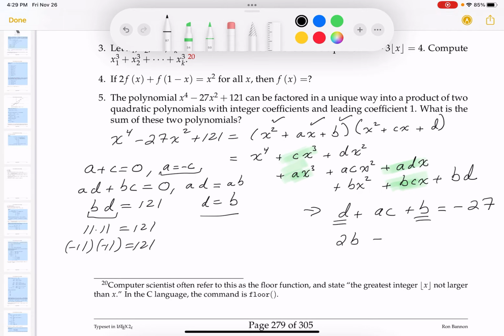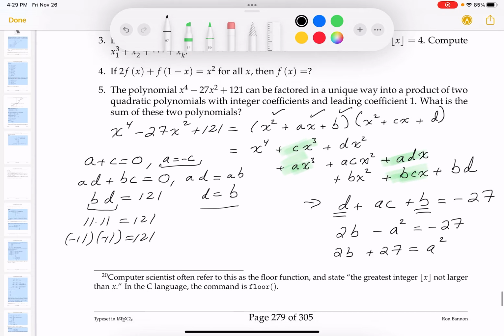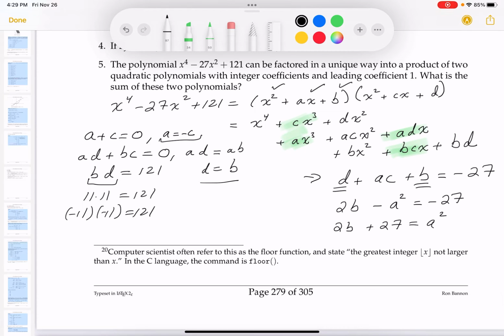So that would be minus A squared, right? Equals minus 27. All right, let me write this down now. 2B plus 27 equals A squared. Let's hope I didn't make a mistake here, but I'm going to take a look at it.